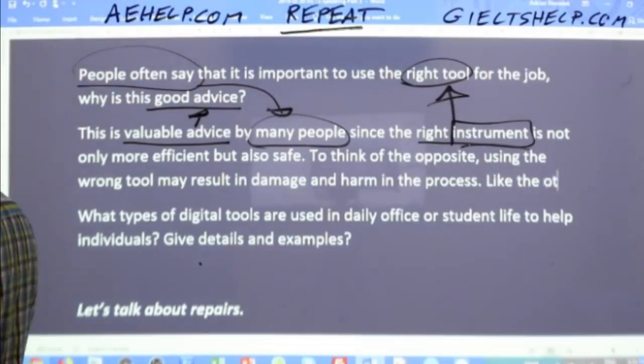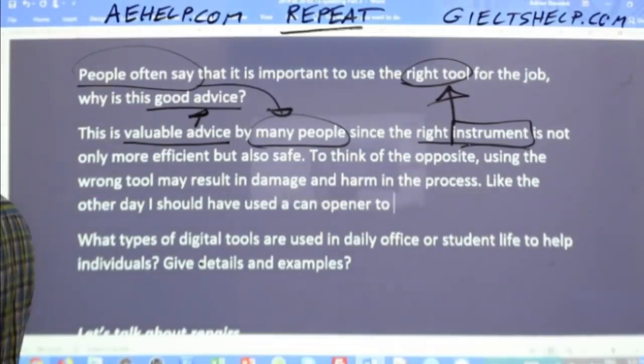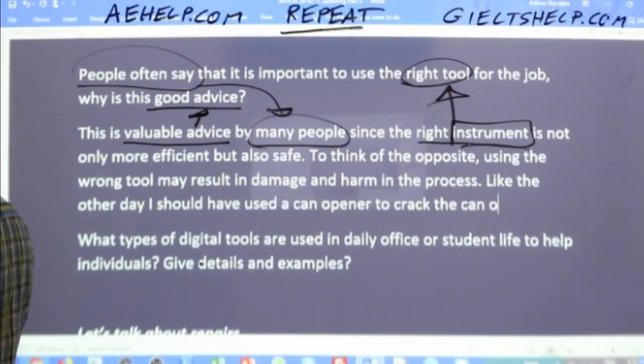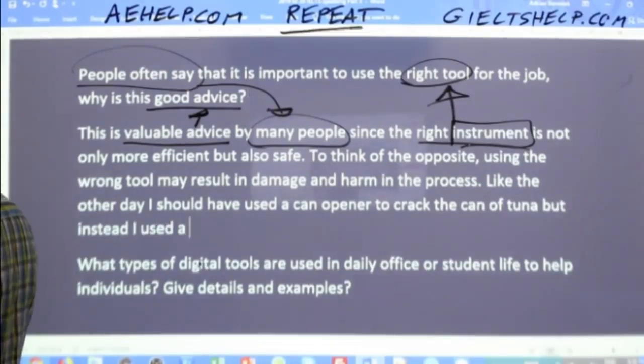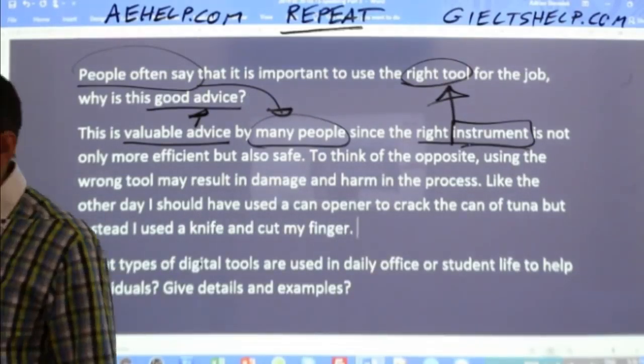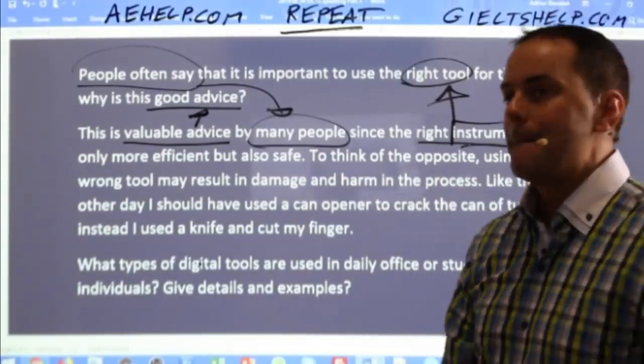Like the other day, I should have used a can opener to crack the can of tuna, but instead I used a knife and cut my finger. Okay, so again, very visual, very clear, smooth flowing example, and you will get a great band score.